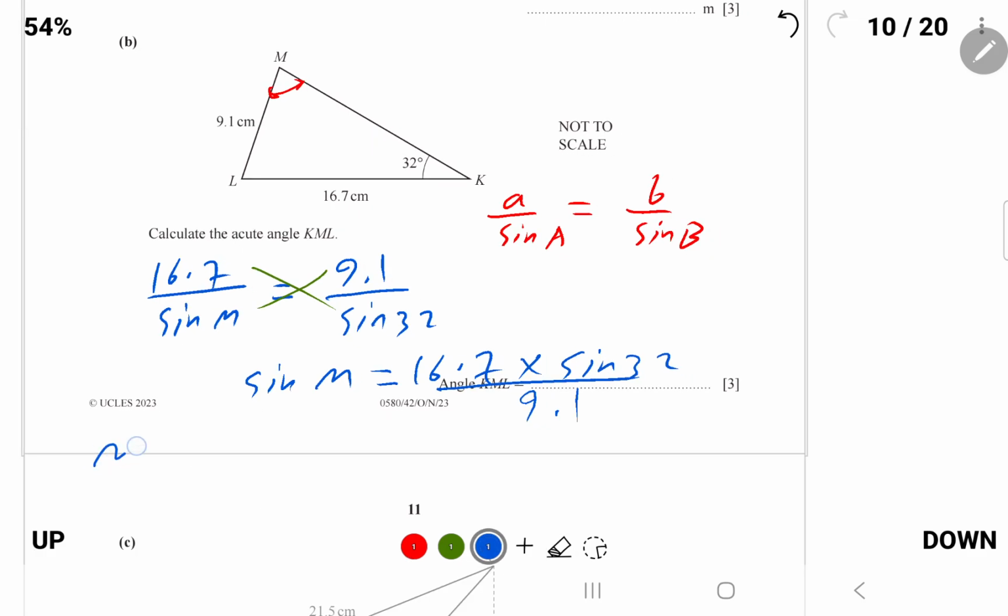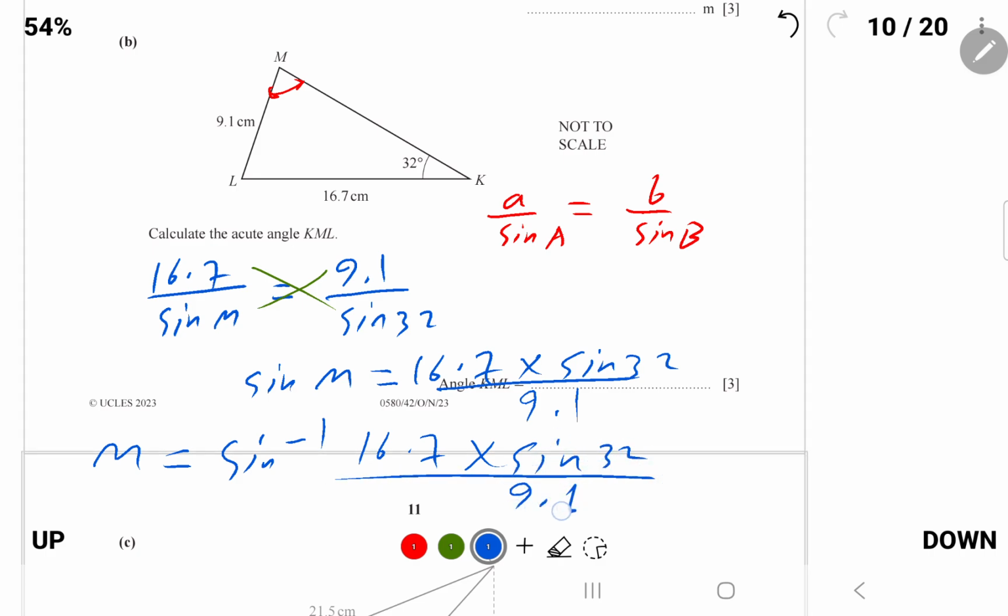So now you can see M equals sine inverse 16.7 times sine 32 divided by 9.1, and that will be the angle 76.5. Like this we solved question B.